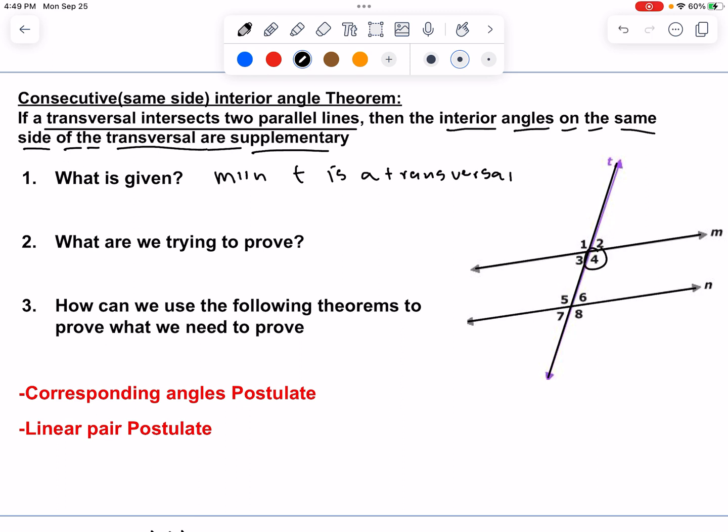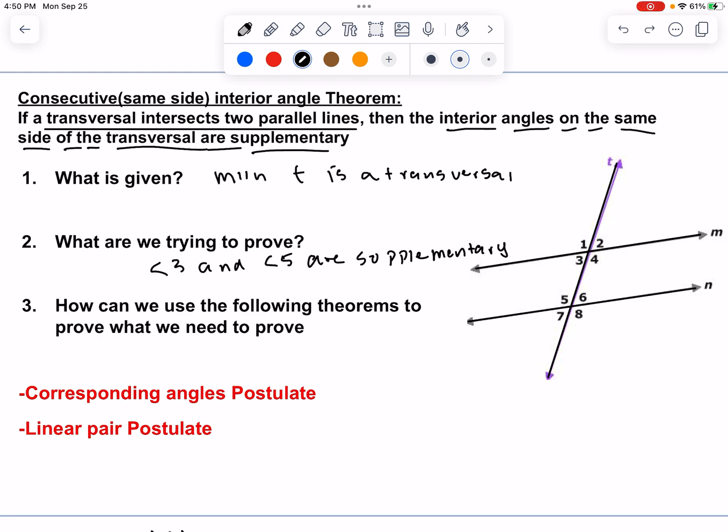Or I could show that 4 and 6 are supplementary. In this video, we're going to show that angle 3 and angle 5 are supplementary. If I do that, then I prove that all interior angles are supplementary. You could also show that 4 and 6 are supplementary, and that would do the same thing.